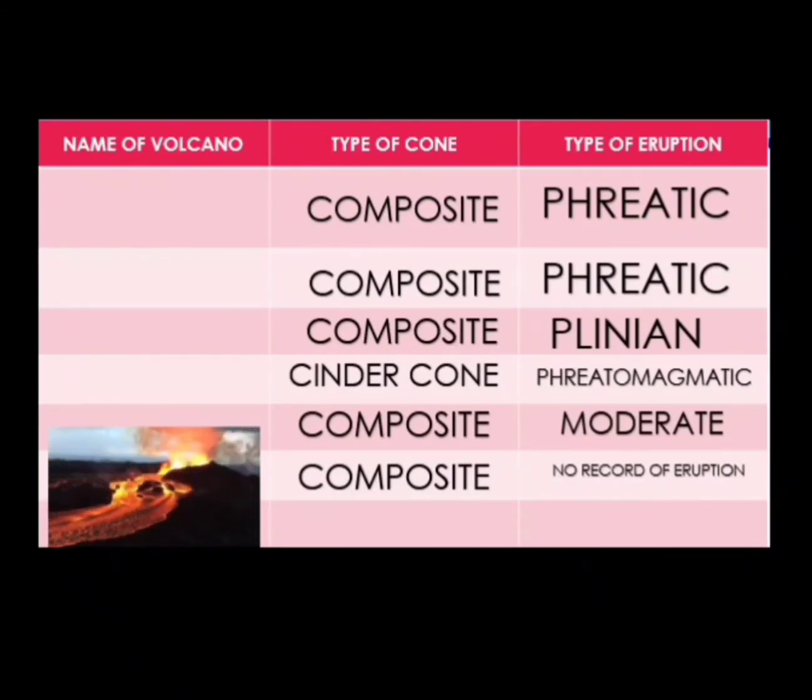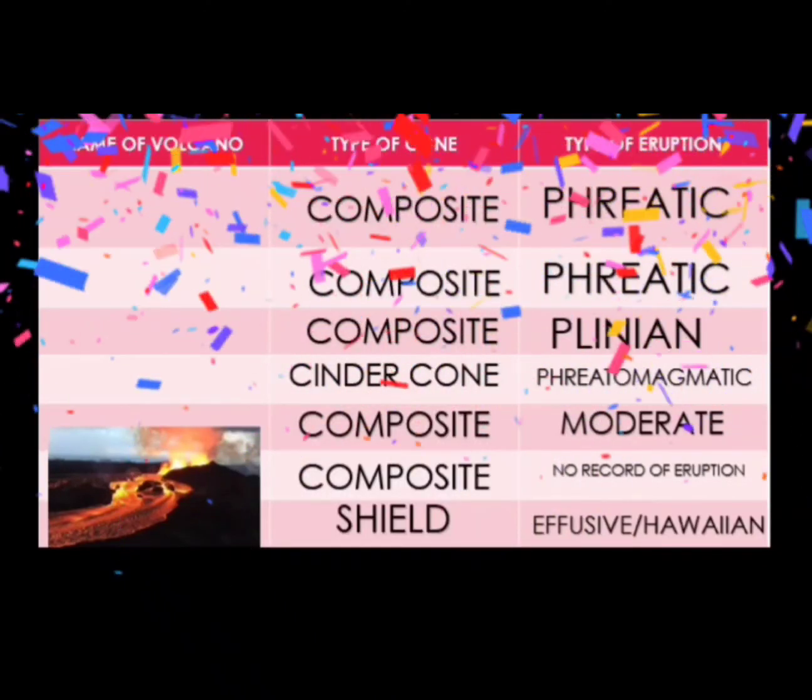And lastly is the Mount Kilauea in Hawaii. Very good! It is a shield type of volcano. And the type of eruption is effusive or Hawaiian. Congratulations, learners! You did it well today.